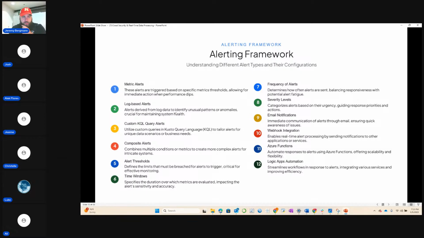You can do log-based alerts to identify unusual patterns. You can do custom KQL to create queries and see when certain events occur. You can use a number of these if multiple conditions happen, and then various thresholds and time windows, frequency of alerts. Severity of alerts are important.